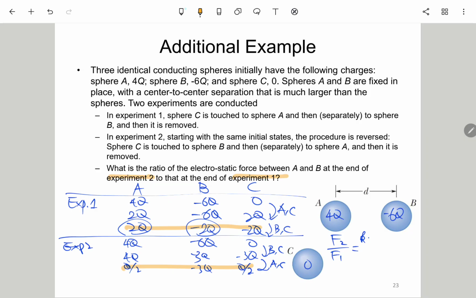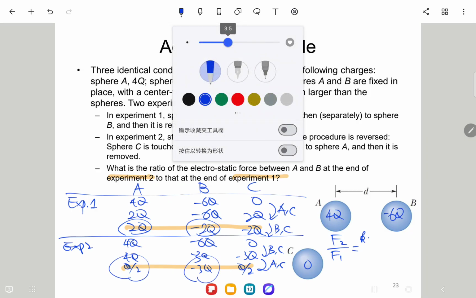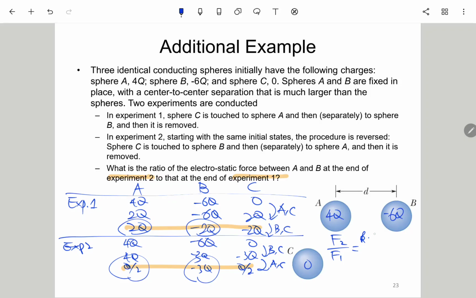So we consider this one first: Q over 2 times 3Q. We only care about the magnitude here, so we just forget the negative sign, over d squared.